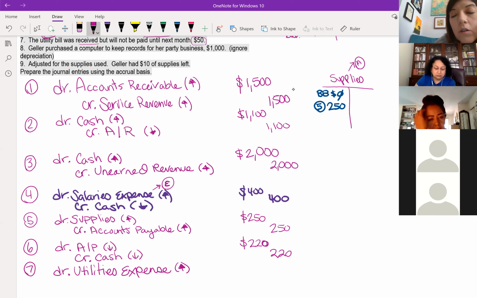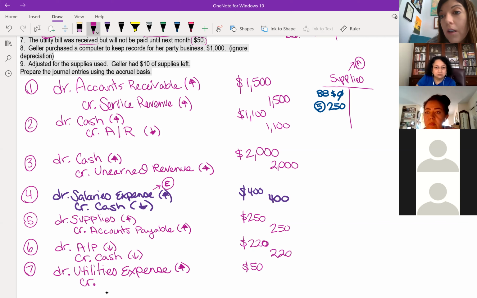And you know that they're sending you that bill after you've used those utilities, not before, because they want to get all of that amount from you for what you actually used. So we're going to debit utilities expense for $50, recognizing that expense of those utilities we used, and we're going to credit a payable account. It can be accounts payable.